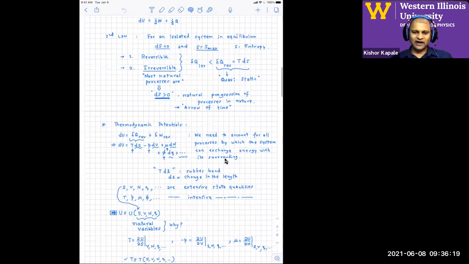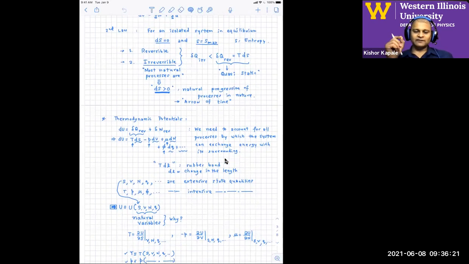So for example, this phi dq term: if you have charged particles, when we are talking about plasma, they would be in some electric field or magnetic field, and so there are going to be corresponding terms associated with the charged particles being in the electric field. So, electric potential energy and the magnetic potential energy.